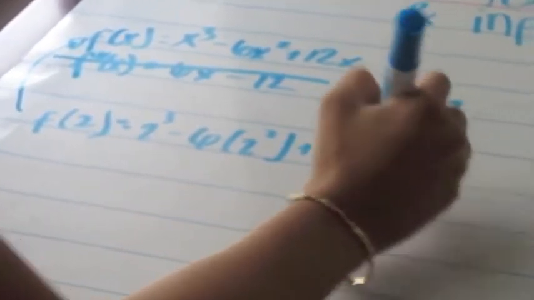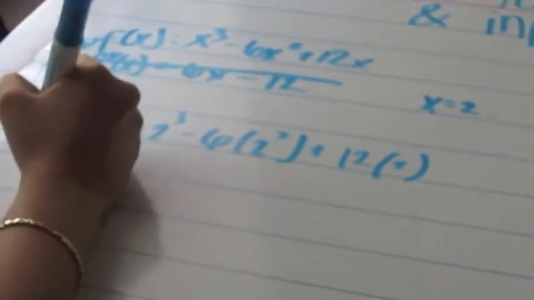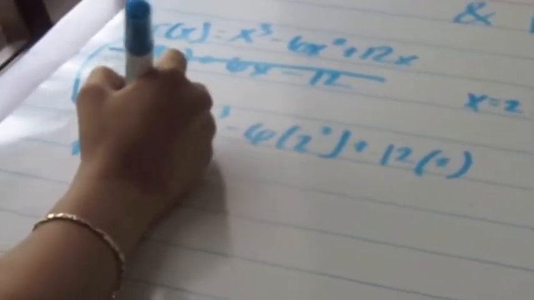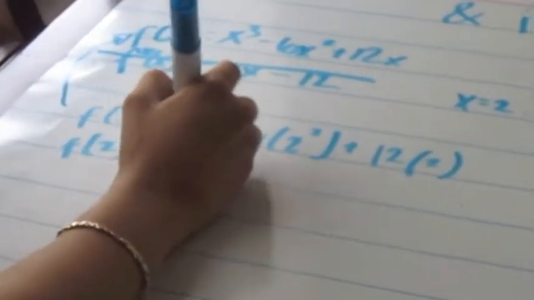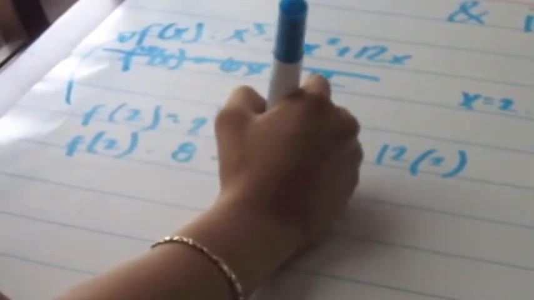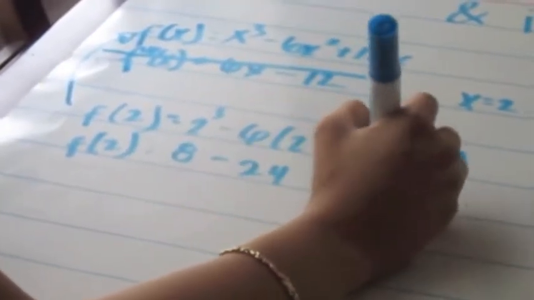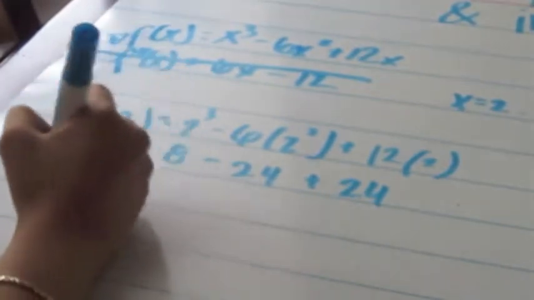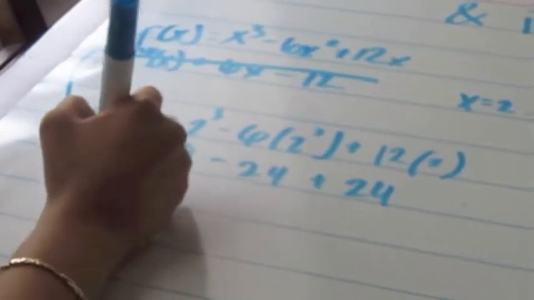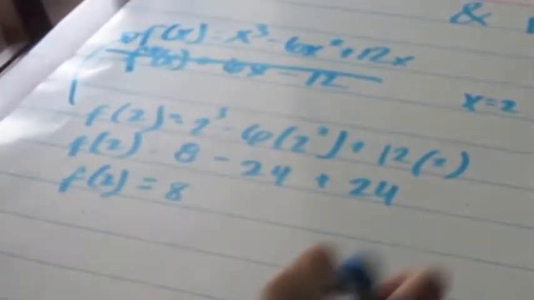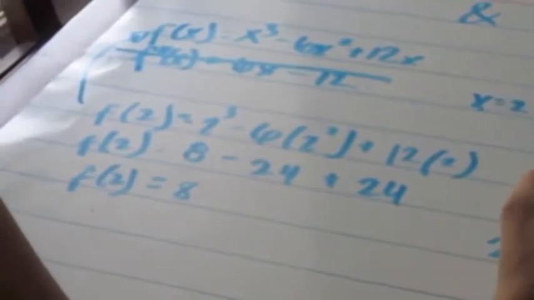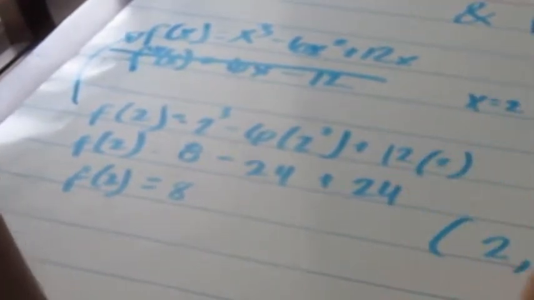Be careful not to plug in 2 to the second derivative. It's a common mistake to plug it into the second derivative because that's what we've been working with, but no, you have to plug it in to the original function. So let's go ahead and plug in 2, and now we find that we have the point 2, 8, and that is our point of inflection.